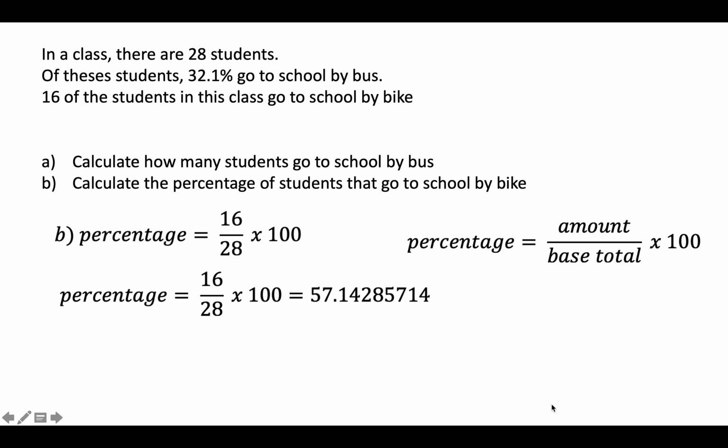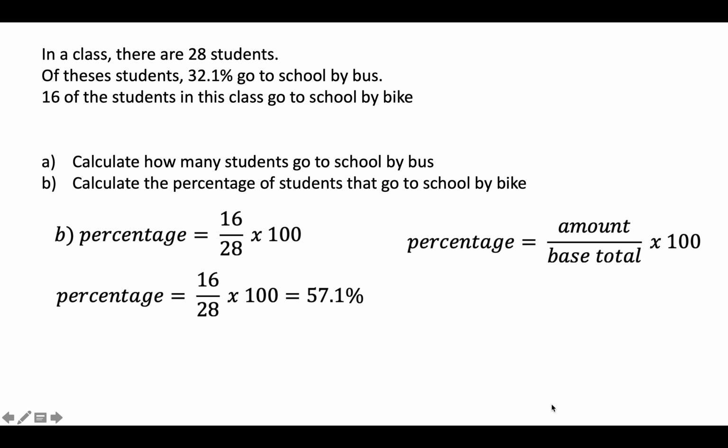If we calculate that, we end up with 57.14285714, and that will continue on. But it's percentages, so we always round to one decimal, so it will become 57.1%. So you have to write down your calculation.